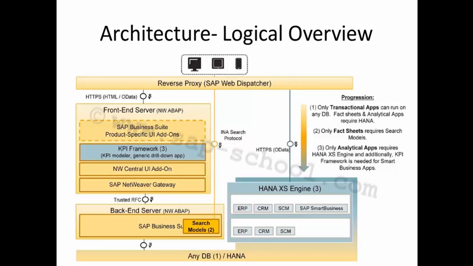So the complete UI layer consists of the central UI add-ons, containing the SAP UI5 control library and the SAP Fiori Launchpad, and the product specific UI add-ons, which contain the UI developments for the respective business suite products, like ERP financials, ERP sales and distribution, ERP material management, then CRM or SCM.